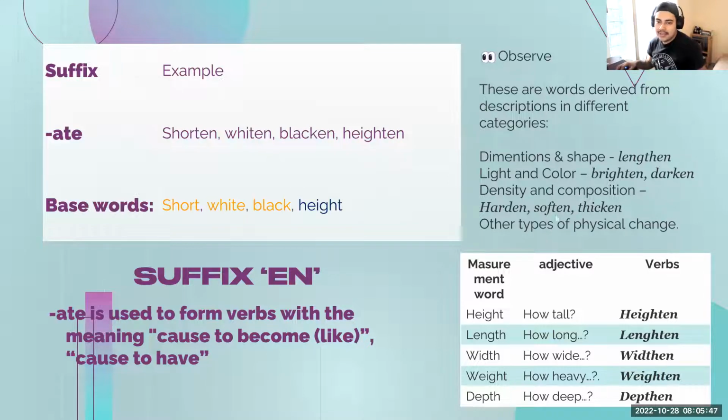So we have the last one, other types of physical change. Oh, this is super important. When you are trying to eat healthy, one of the things that you miss the most is sweet stuff, chocolate, sugary stuff. So we are looking for ways to make our food or snacks sweet. You're probably familiar with this word.